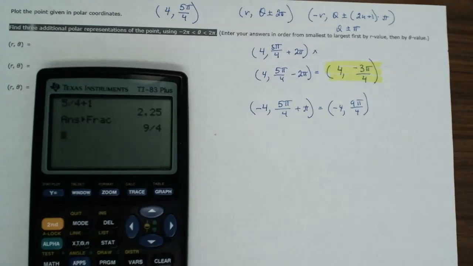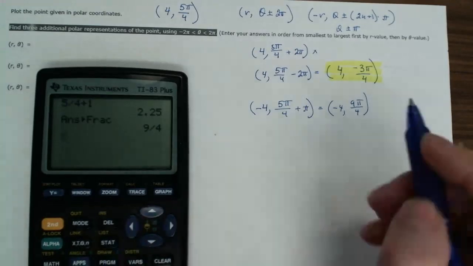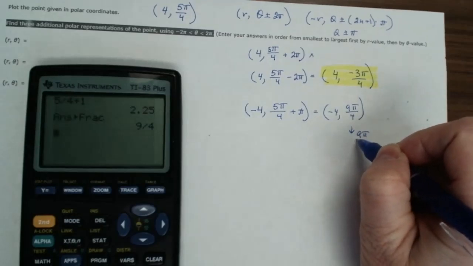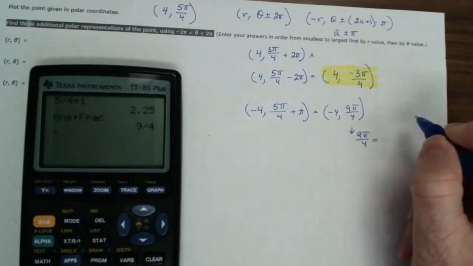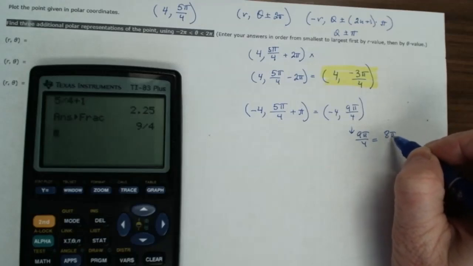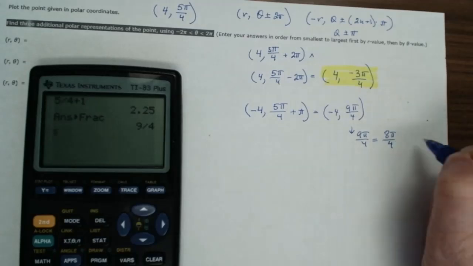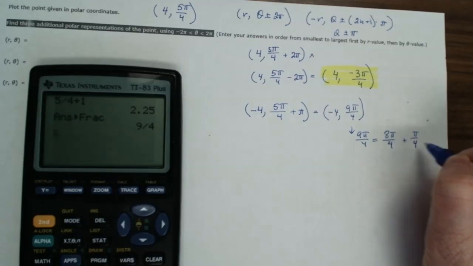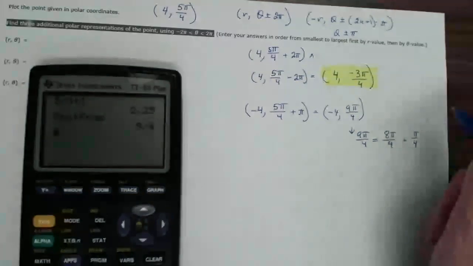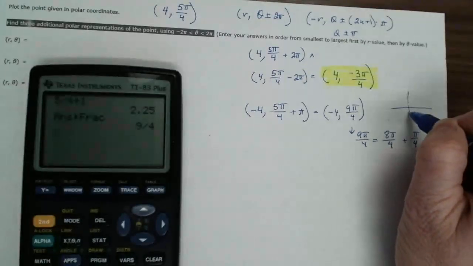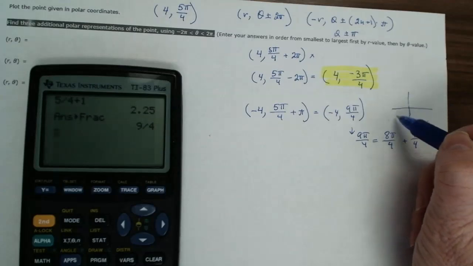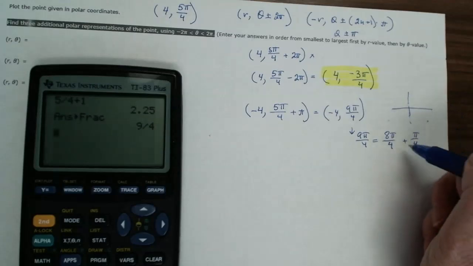So how will we solve this problem? We know that 9π/4 is exactly the same as 8π/4 plus π/4. 8π/4 is exactly the same as a full circle.